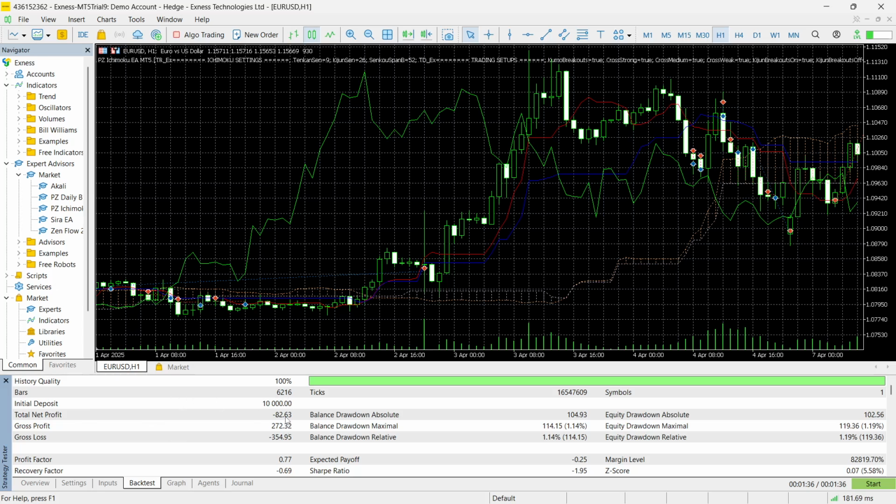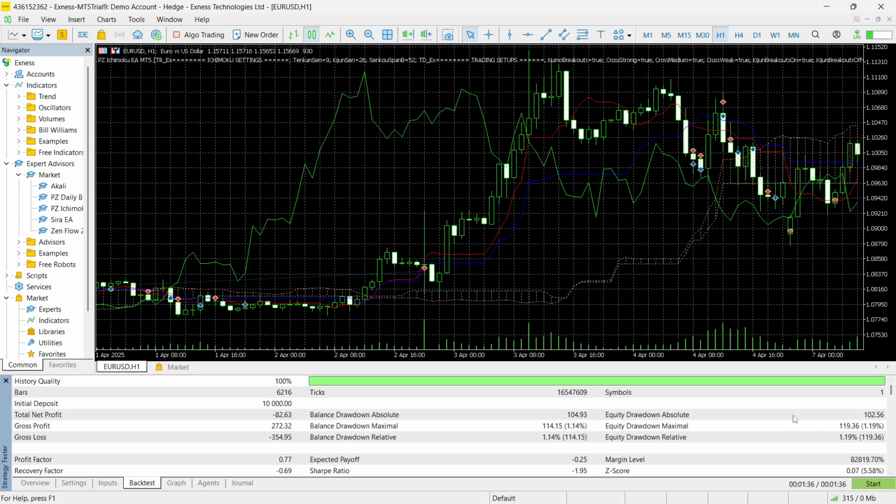Net loss of $82. Profit factor came in at 0.77, meaning it made 272 in gross profits but gave back 355 in gross loss. Drawdowns were very controlled, around 1.14% on balance and 1.19% on equity.